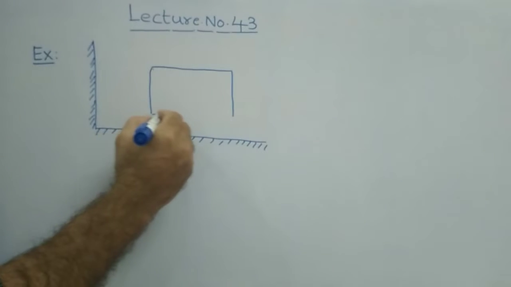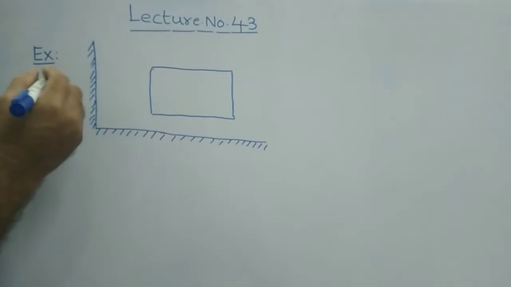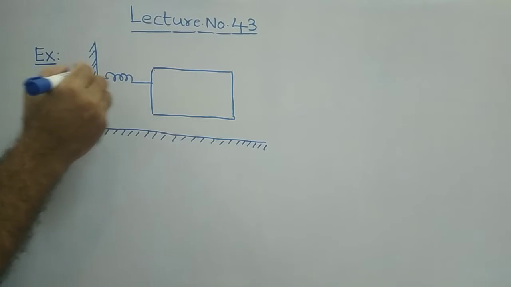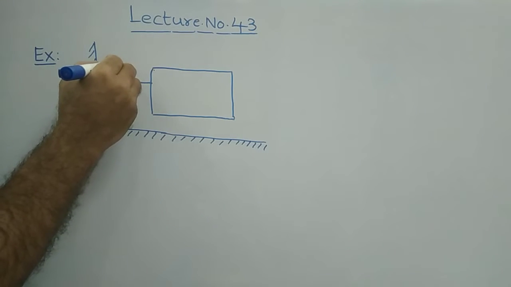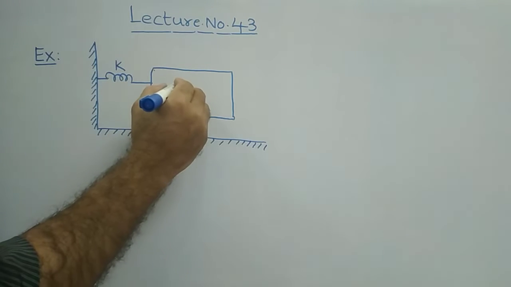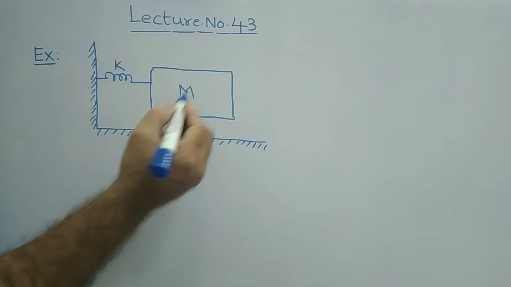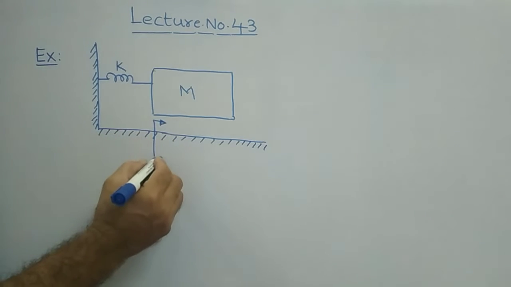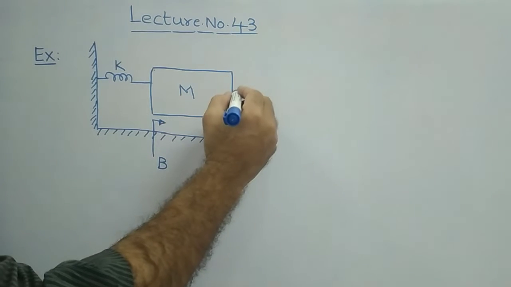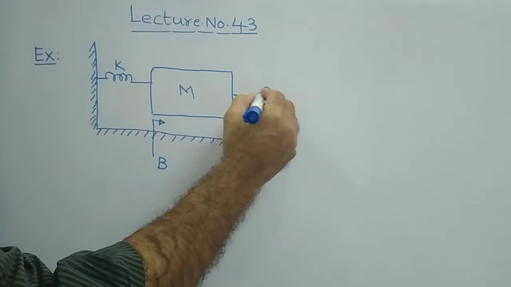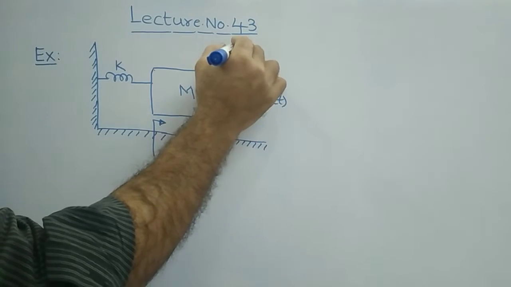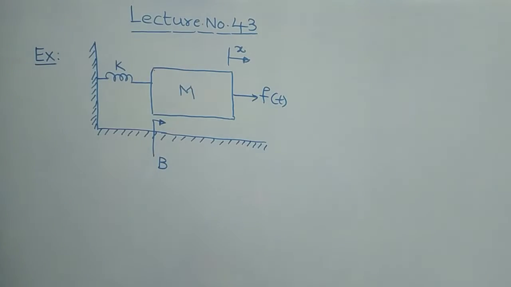However, we are going to do another analogy today. This is the spring constant K, this is the mass element, and here we have the friction coefficient B, on which you have the applied force F of t, and here you have displacement x.